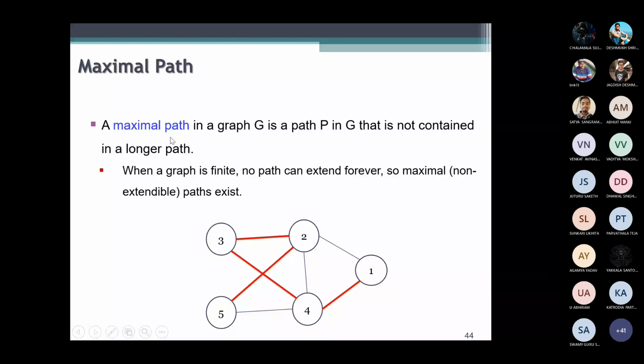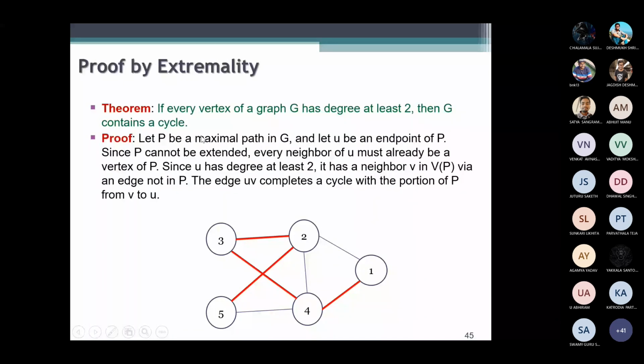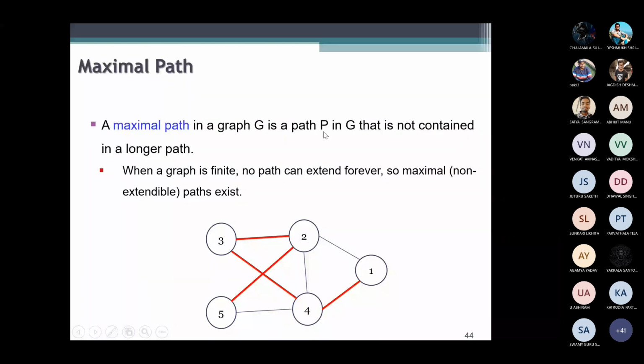So a maximal path in a graph G is a path P in that graph that is not contained within a longer path. That means this path cannot be extended. When the graph is finite, meaning the number of vertices and number of edges are finite, then no path can extend forever. So a maximal path always exists for any finite graph.